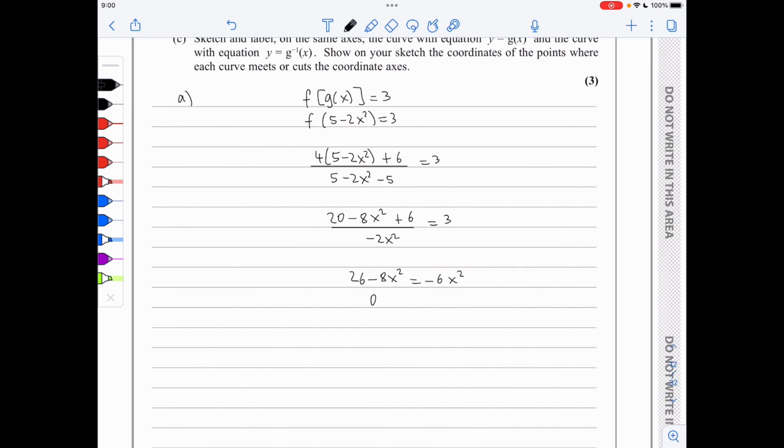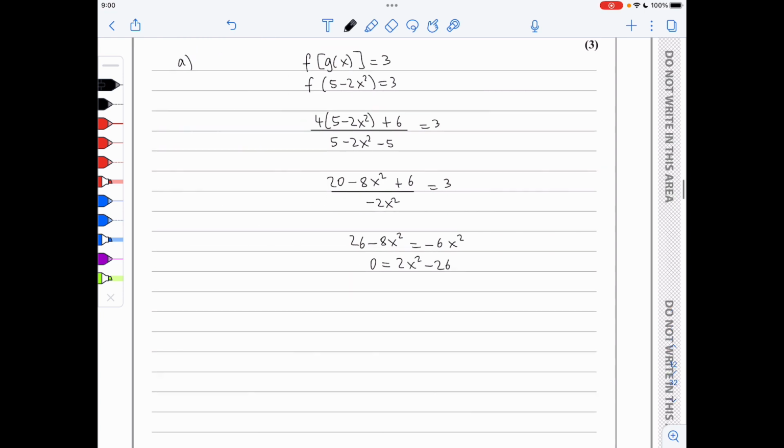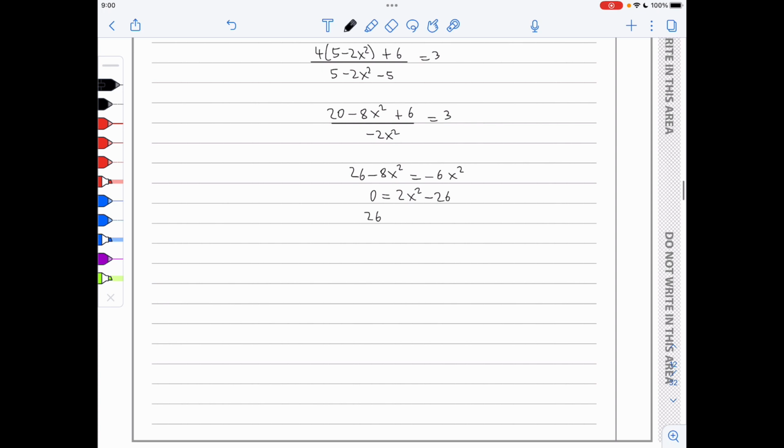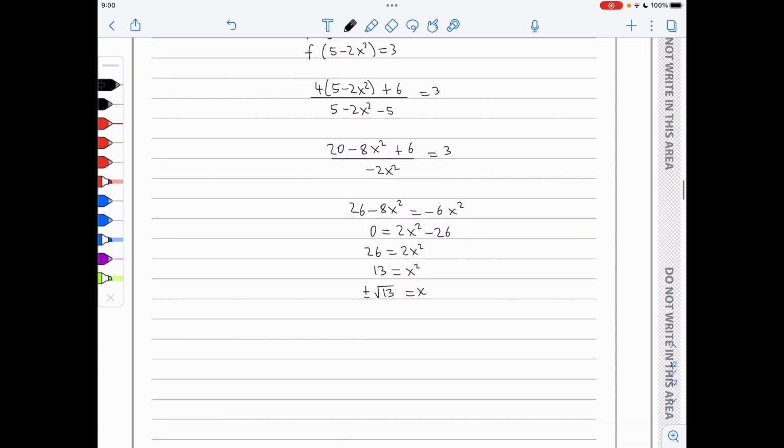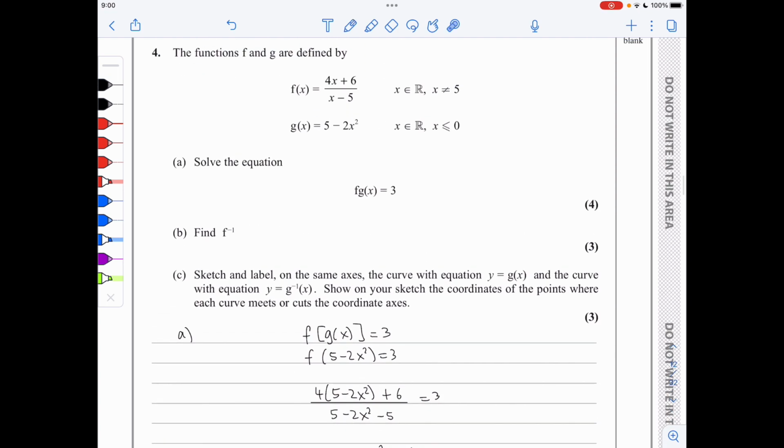So collecting everything on the right hand side, 0 is 2x squared minus 26. So we've got that 26 is 2x squared, which leads to 13 being x squared. So we have that plus or minus root 13 is equal to x. However, if we look at the domain of g, it can only accept as input non-positive values for x, so x has to be less than or equal to 0.